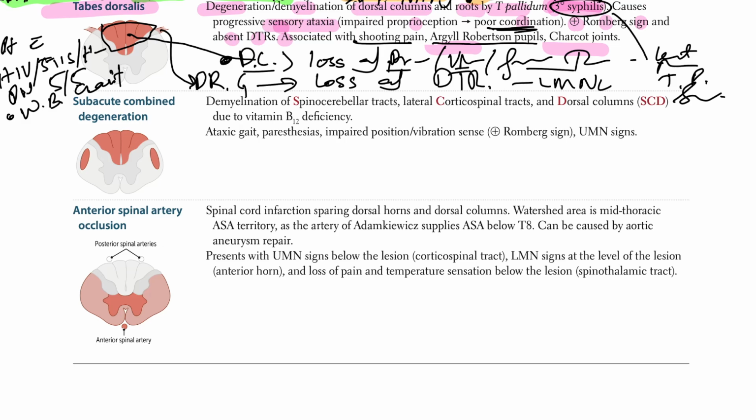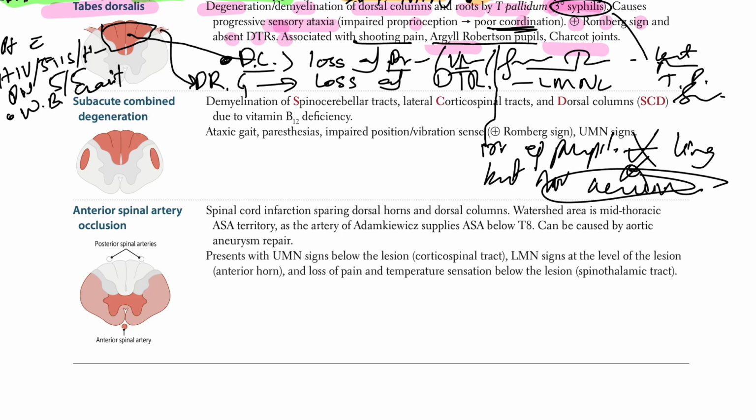Argyll Robertson pupil is all about small irregular pupils that fail to constrict to light. So they will not constrict to light, but there is normal accommodation.